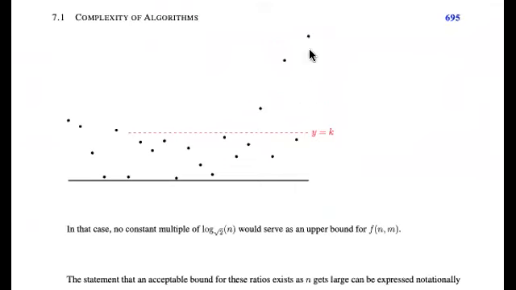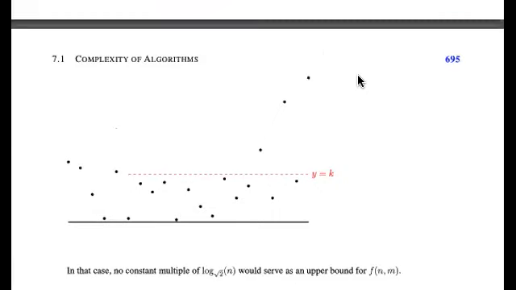Now, of course, this wouldn't be good if we had things happening up here beyond. In fact, there would be no supremum constant if this just kept going off forever. Then we wouldn't be able to use that notation. We wouldn't be able to say that f of n is asymptotically less than something.